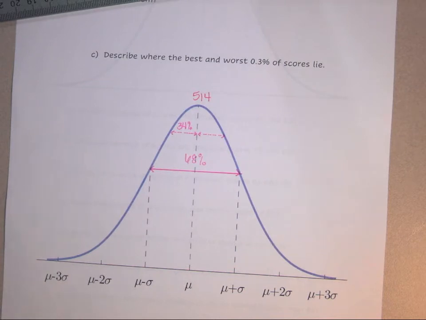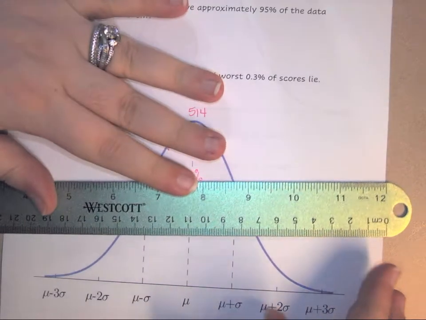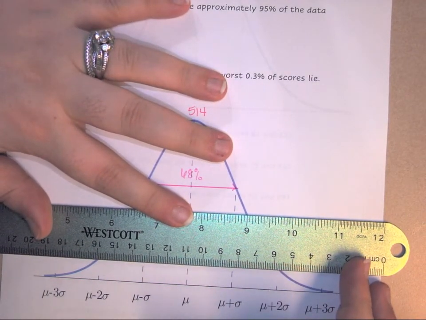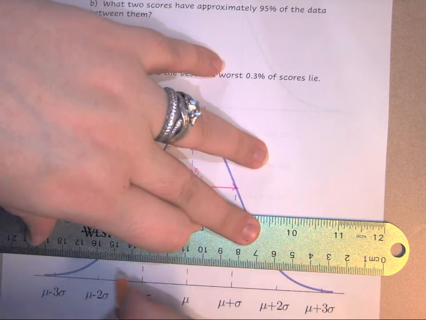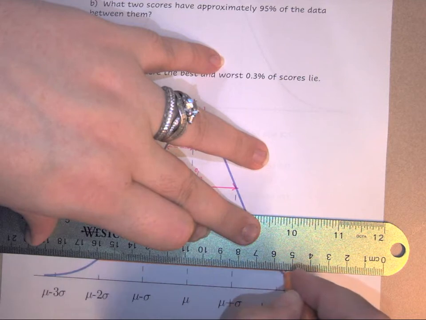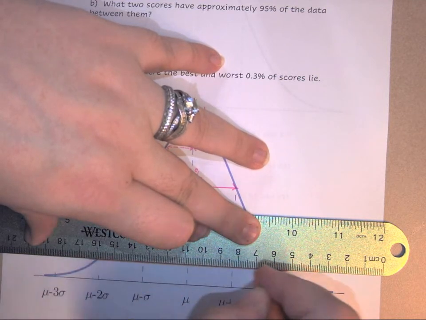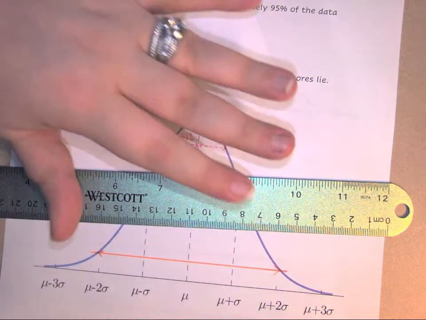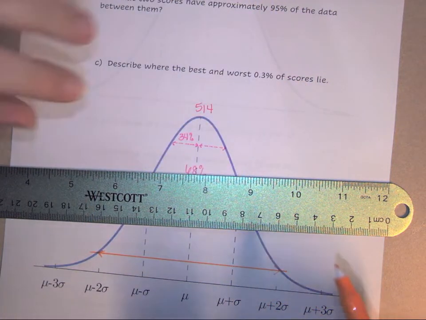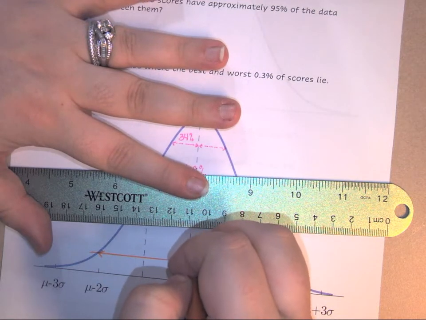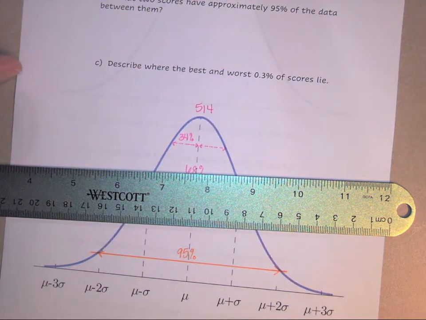Now, looking at the next piece, we would have between my two standard deviations, say from here to here. Now this entire piece right here is going to represent 95% of your data.